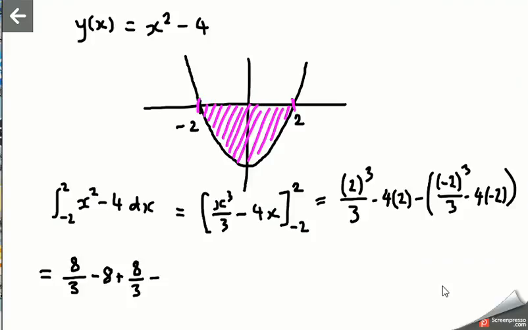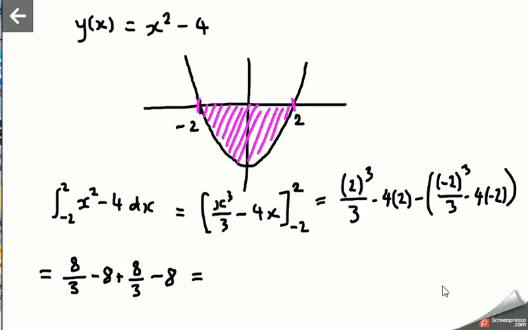And then minus, we got -4 times -2, so that's minus -8. Okay, so that's plus 8. Wait, is that right? No, that's not right. We're minusing -8, so we're minusing +8, so that's -8.